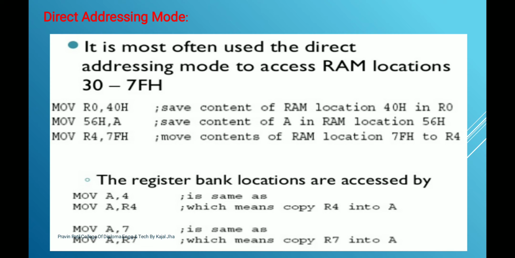The register bank locations are accessed by MOV A, 4, which is the same as MOV A, R4, meaning copy R4 into A. If you write MOV A, 4, it accesses the content of R4. Then MOV A, 7 means copy R7 into A.